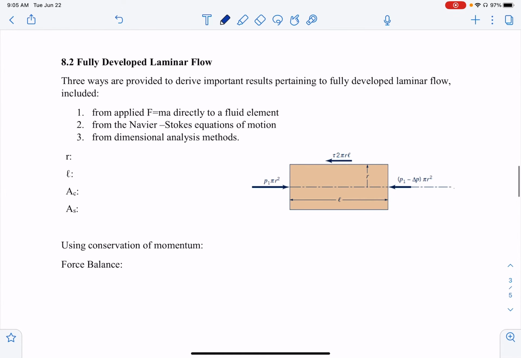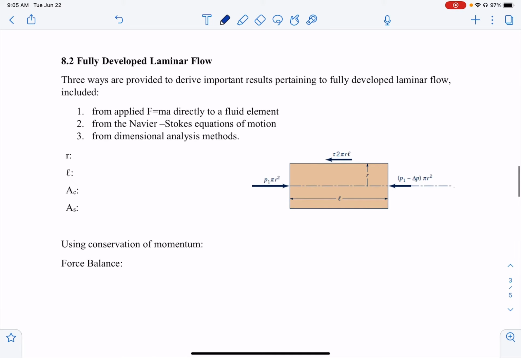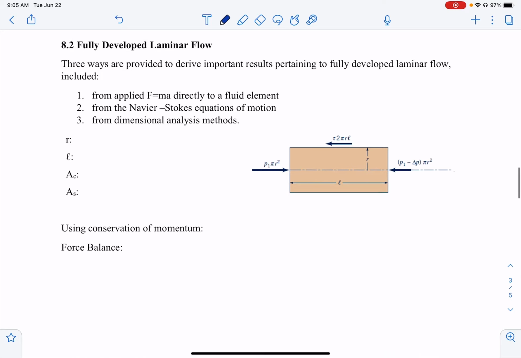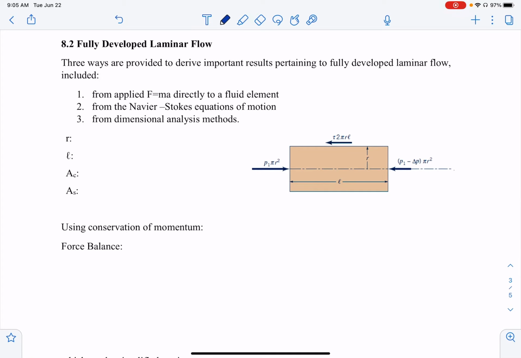Okay. So there are three ways that we can provide the important result of the fully developed laminar flow. These are, we can apply F equal to MA, Navier-Stokes, and dimensionless analysis. Then we can get the result out of the fully developed laminar flow.